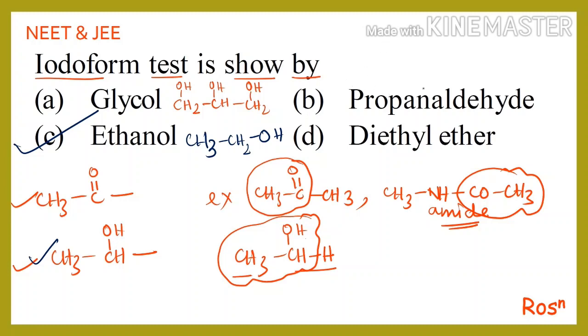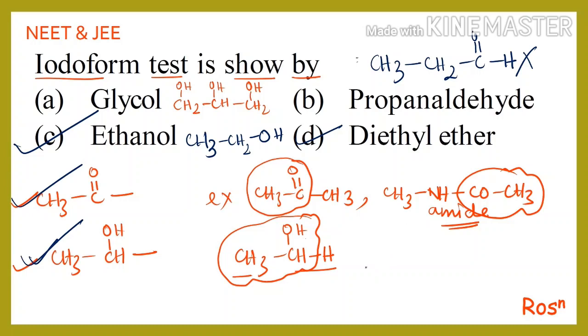Option B, propanaldehyde, which is CH3CH2CHO, propanaldehyde. So here this group is not present, so it does not give iodoform reaction. Next, option D, which contains diethyl ether.